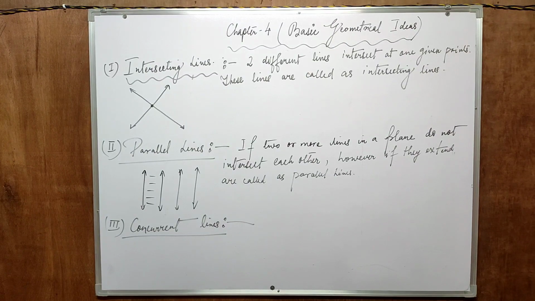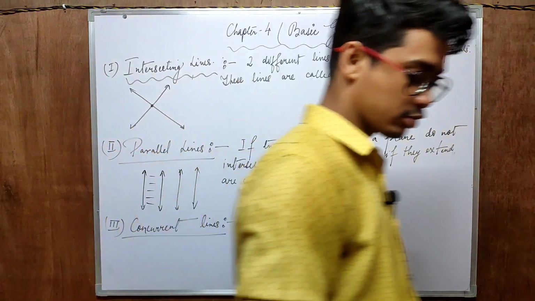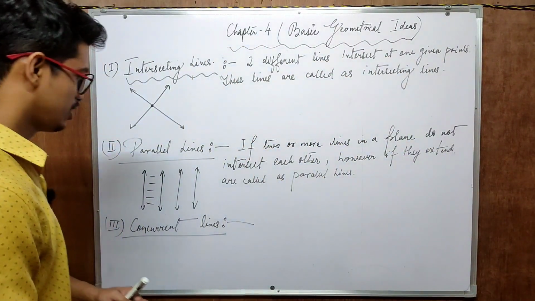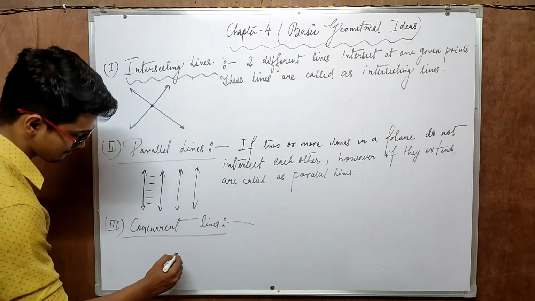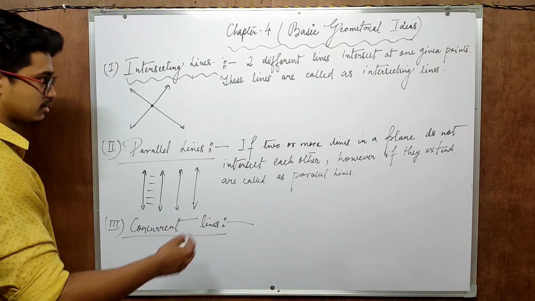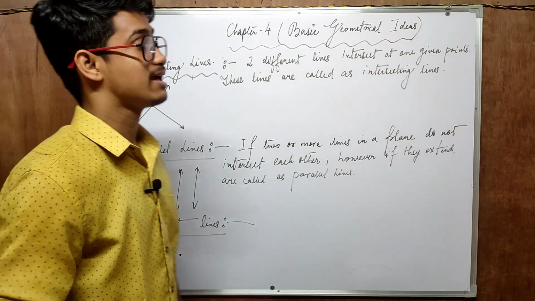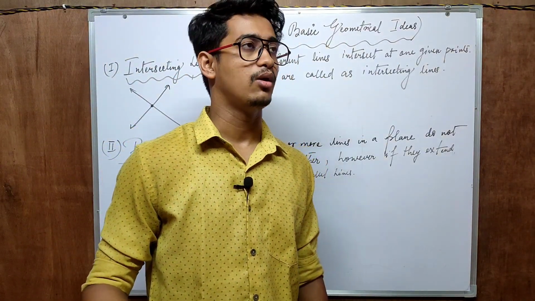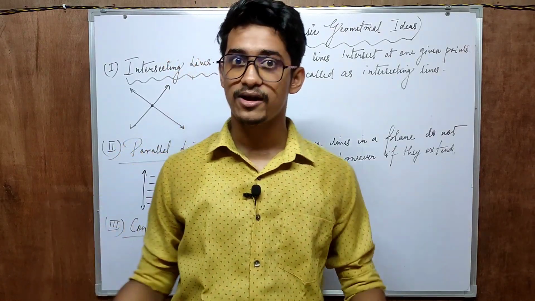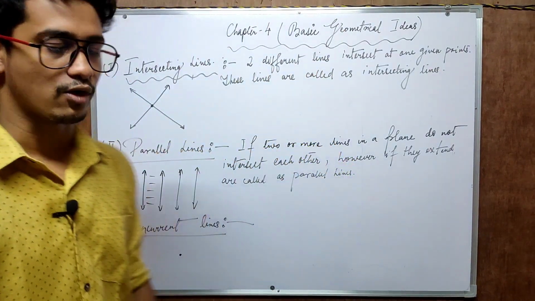And after that, what are called concurrent lines? Concurrent lines means what? You have one given point, and as I told in the first example, infinite lines can be drawn from a given point.